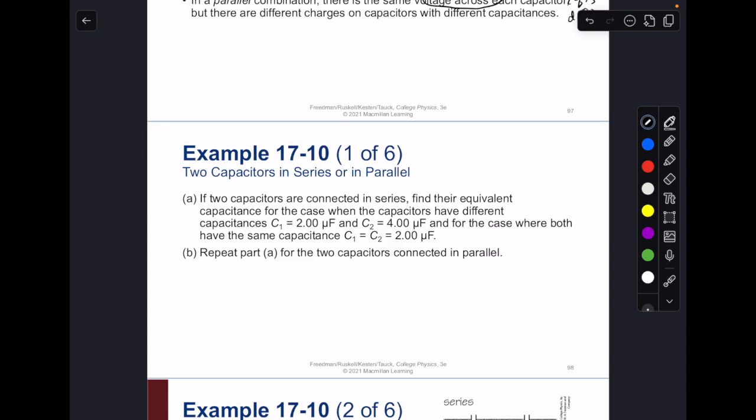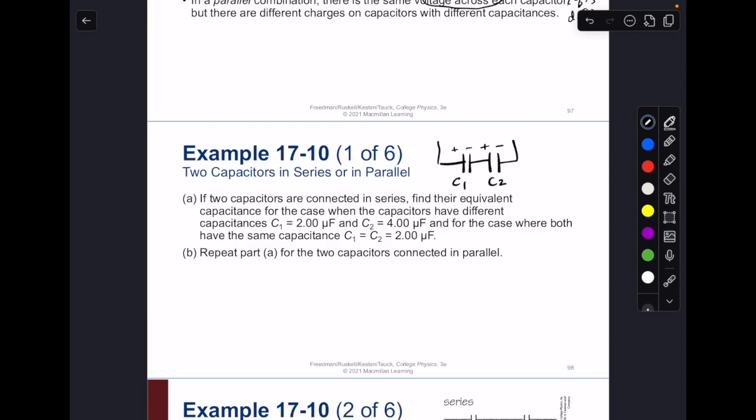So we have a series arrangement with two capacitors. Remember, that's how we draw one in circuit diagram form. They are connected in series, so that means they're holding hands next to each other. The positive side is connected to the negative side, okay? This is C1, this is C2.